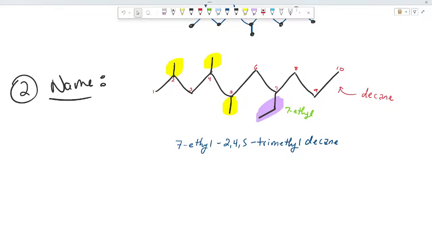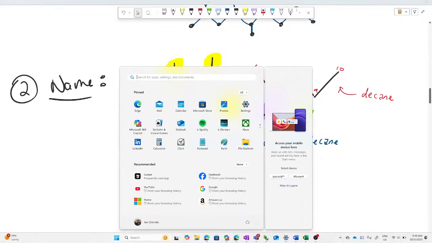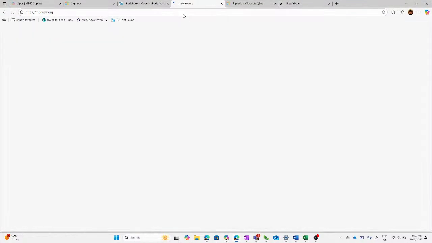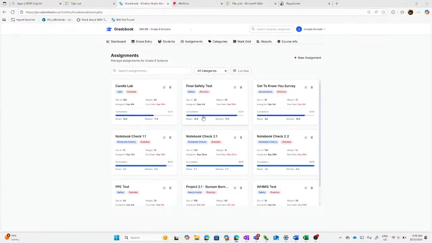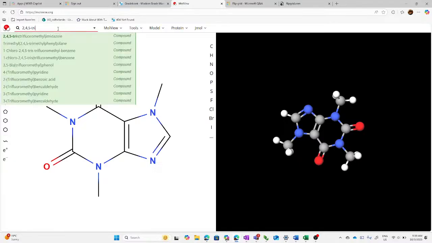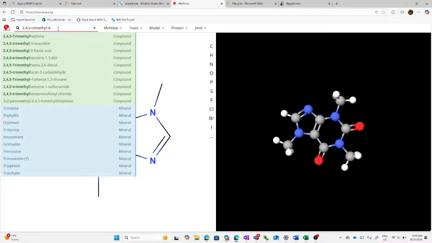And again, this is probably not in the database, but all the same, if I went to MolView, just giving it the name, it's going to figure out how to draw that. You know what I mean? It can interpret the name just like we can. So what was that again? That was a 2,4,5 trimethyl, 7 propyl.